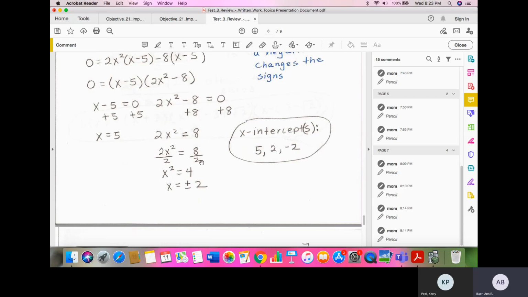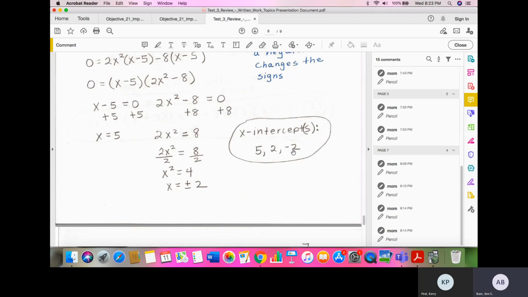So let's divide both sides by 2. These cancel. They give us 1 times x squared, which is x squared, equals 8 divided by 2, which is 4. So now if we take plus or minus the square root of both sides, we're going to get plus or minus 2. So our x-intercepts are 5, plus 2, minus 2.